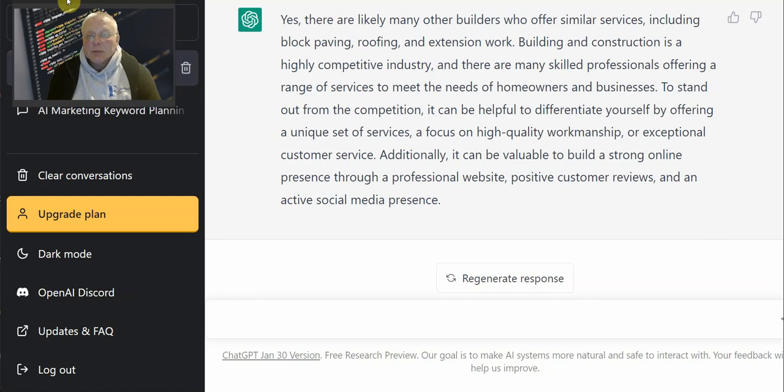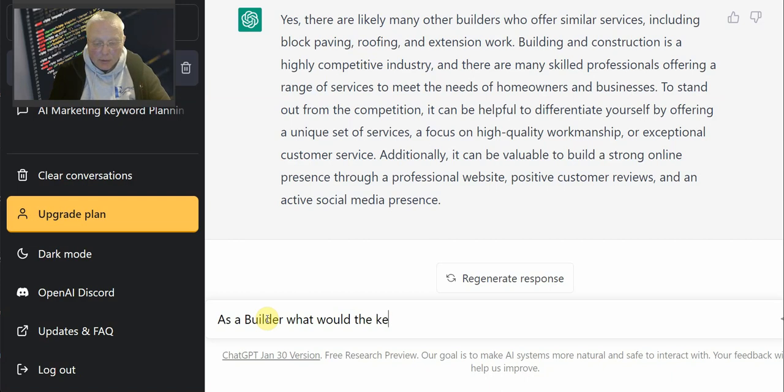There we go. Some little bit of information in that. As a builder, what keywords, what words should I use that would be popular in my content to attract interest?